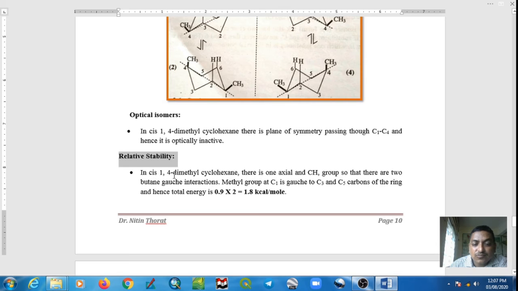So in cis-1,4-dimethyl cyclohexane, the one axial methyl group shows two 1,3-diaxial interactions with the C3 and C5 carbons. That's why the total energy is 0.9 times 2, that is 1.8 kilocalorie per mole.